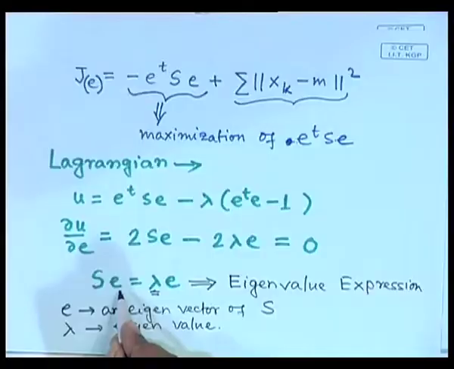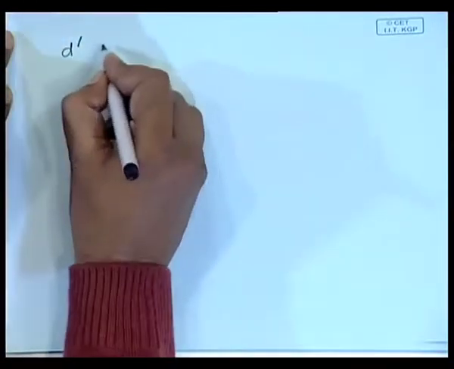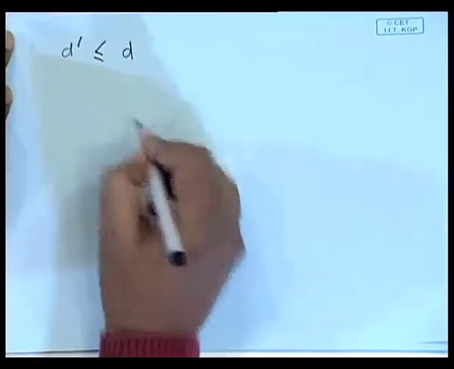Now, instead of considering only a single eigenvector, if I consider d prime number of eigenvectors, where d prime is less than or equal to d, corresponding to the d prime largest eigenvalues, okay, then take the orthogonal projection of your d dimensional feature vector onto those eigenvectors.